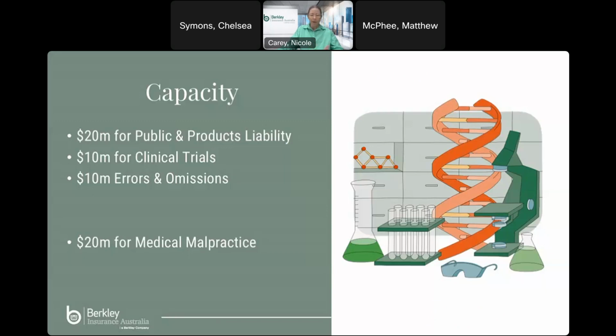Our standard PI wording is similar as well. If it's something more suited to the standard PI wording, we've got 20 mil capacity there. And for medical malpractice, we've got 20 mil capacity there as well. But under the life sciences, it's 20 mil for public and products, 10 mil for clinical trials, and 10 mil for the errors and omissions.